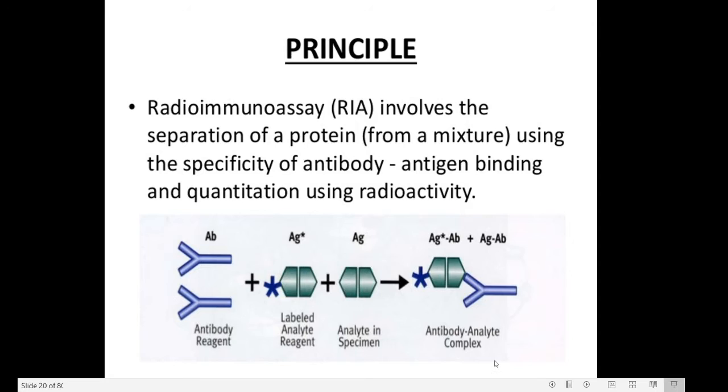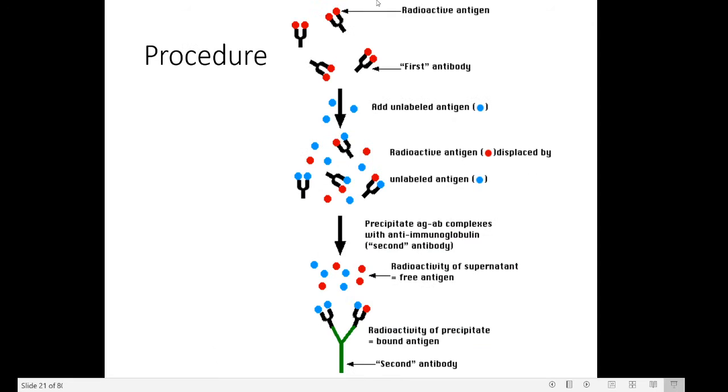This antigen antibody interaction is identified using radioactivity. The procedure: first the radioactive agent, first the primary antibody, then the antigen is added to the sample. Here antigen antibody interaction happens in the cells. The primary antibody is also loaded with the radioactive antigen.